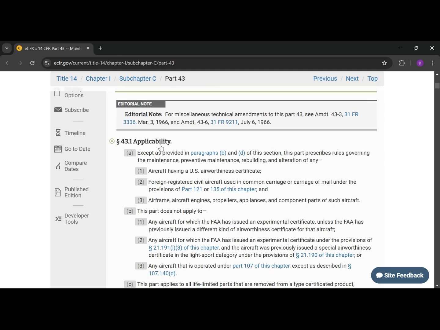43.1 Applicability. So they're going to describe what scenarios this FAR applies to.